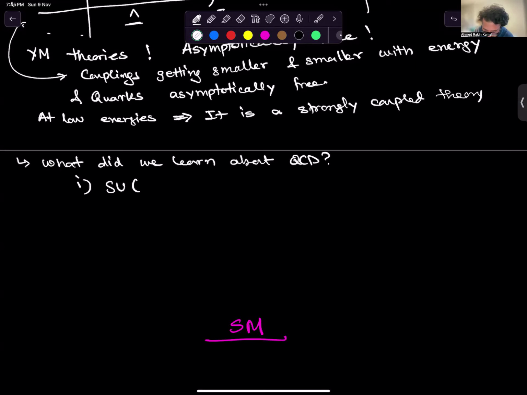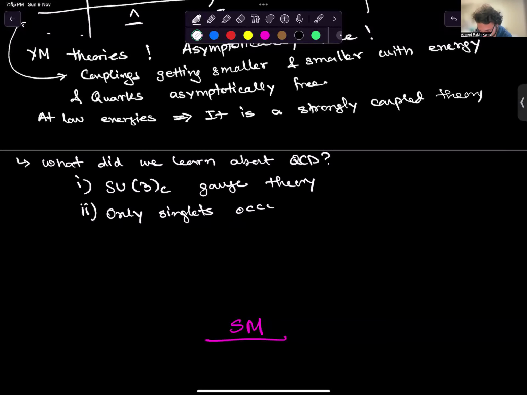One is this is a gauge theory, SU3. And second, so this is an attractive potential.